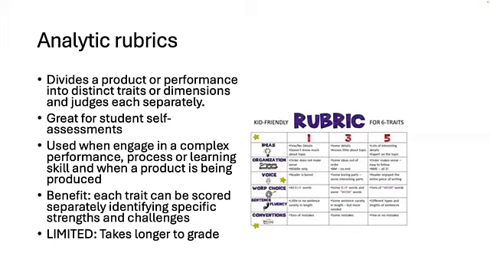The benefit: each trait can be scored separately, identifying specific strengths and challenges. Limits: it takes heck long to use this tool. So you want to plan points in the project where you're looking at particular criterion and you're grading them or you're giving feedback on them or the kids are getting feedback to each other that day or that week. You want to give yourself some time.